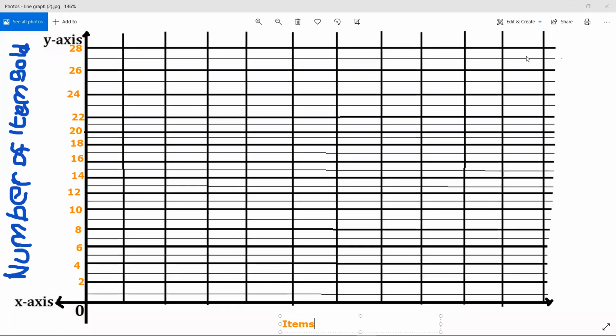Now the first item is Fanta. Let me write the Fanta in between this side. And then the next one is Coca-Cola.